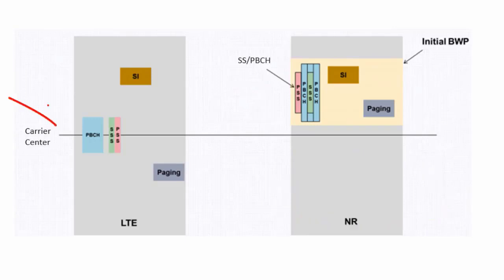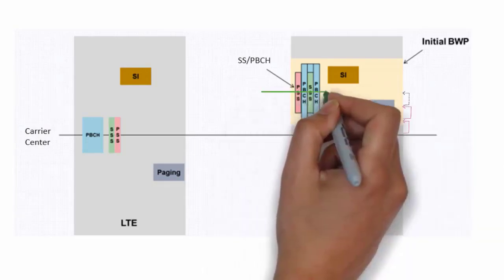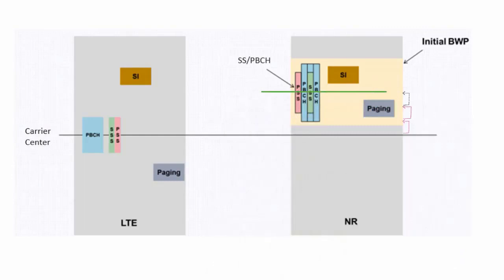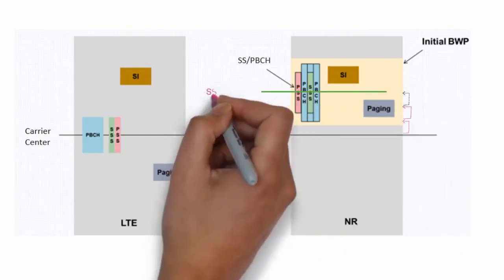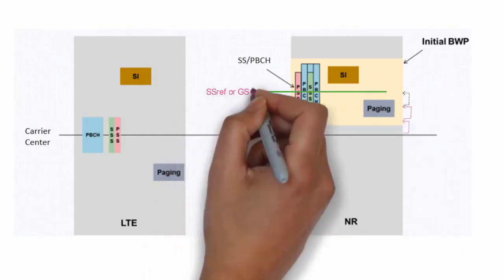But in LTE, PSS and SSS exist at the central frequency point, so you know the location of PSS and SSS in LTE. But in 5G NR, you don't know the SSB location. So what you do is use a small width and try to reach the SSB central frequency point, that is SSREF, or you can say GSCN.